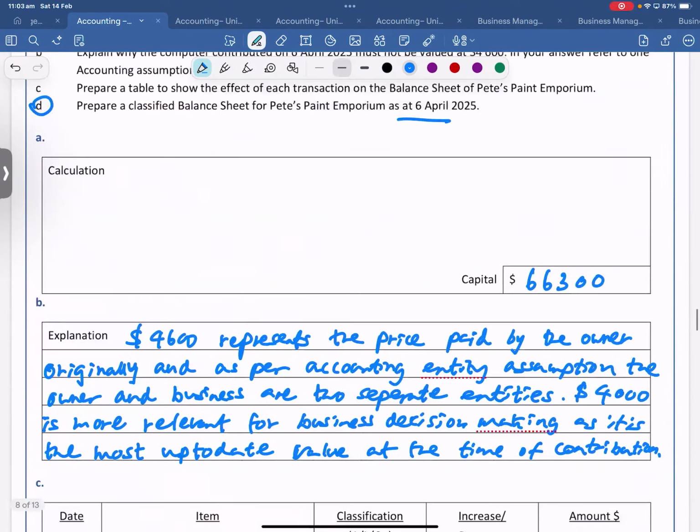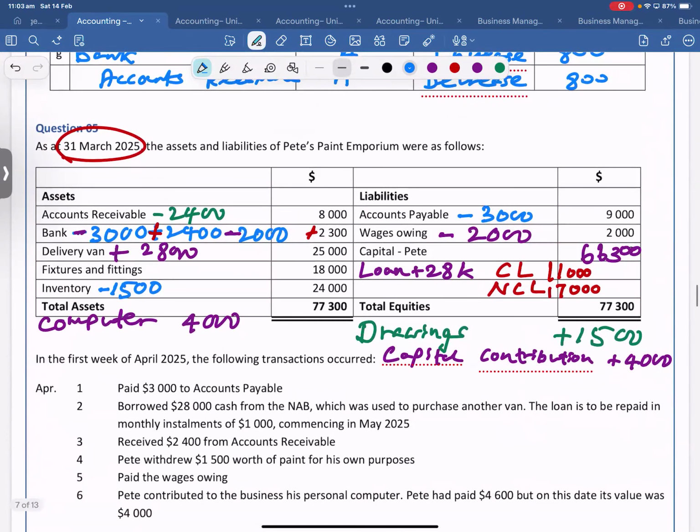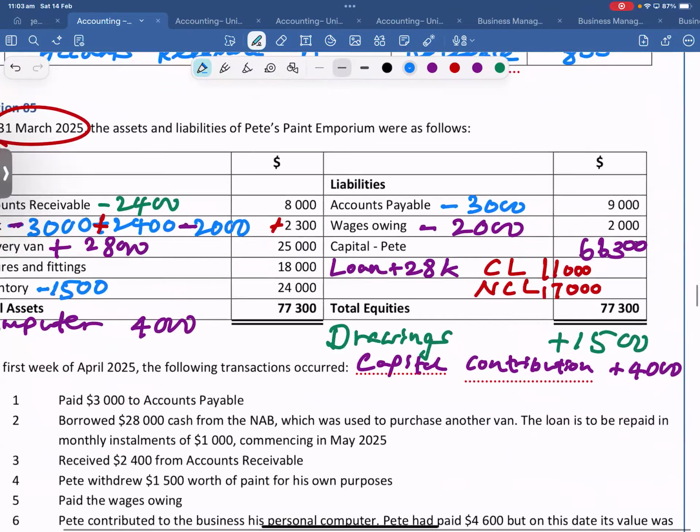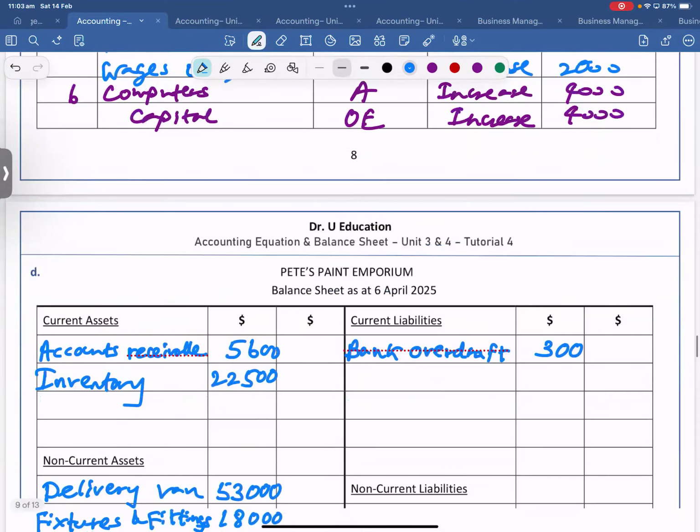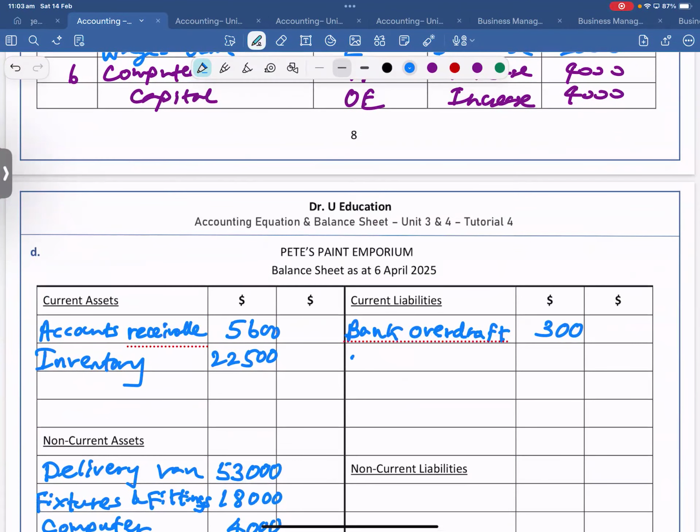We are going to the liability section. Right. We start with accounts payable. How much? 6,000. 9 take away 3, that's 6,000.